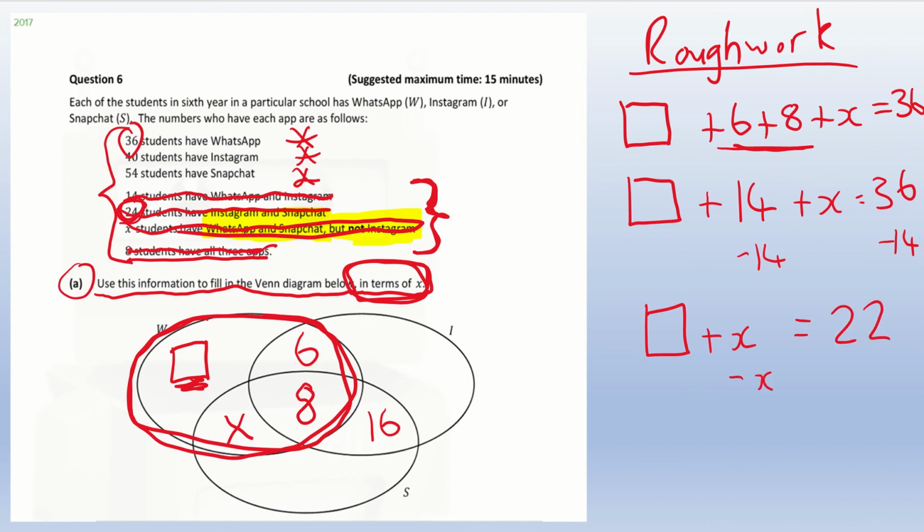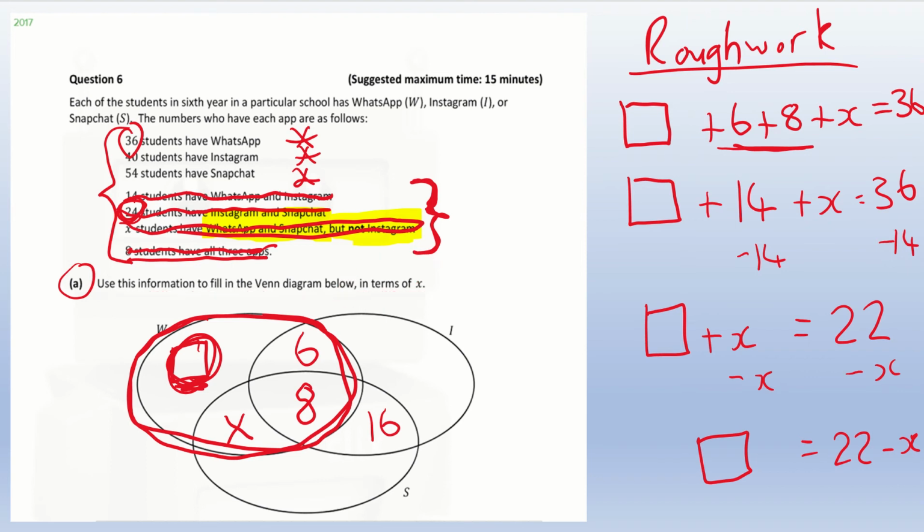And if I take x away from both sides, I end up with the box is equal to 22 minus x. So what we were trying to find out there is what the box was in terms of x, and that's what we've done. So the box is 22 minus x.